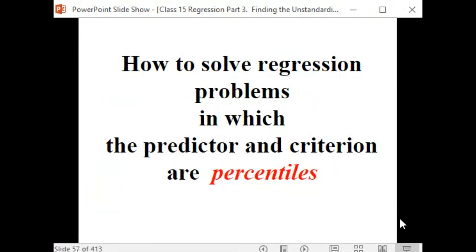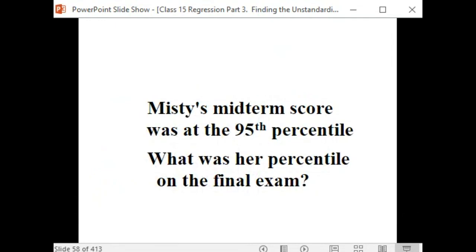Now finally, in the last lecture, we learned how to use the magic formula to solve regression problems in which the predictor and criterion are percentiles. And here's an example. Misty's midterm score was at the 95th percentile. What was her percentile on the final exam?